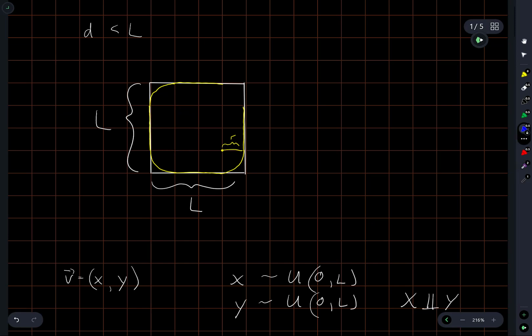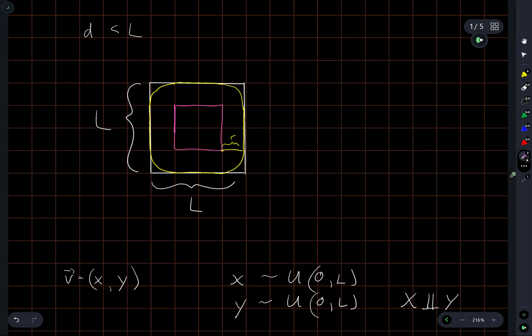Oh wait, hold on. No, this is what the outline of the whole shape includes, where the edge of the circle could land. So really, the center of the circle would have to land somewhere inside this square. Yeah, okay. The center of the circle would have to land somewhere in there.